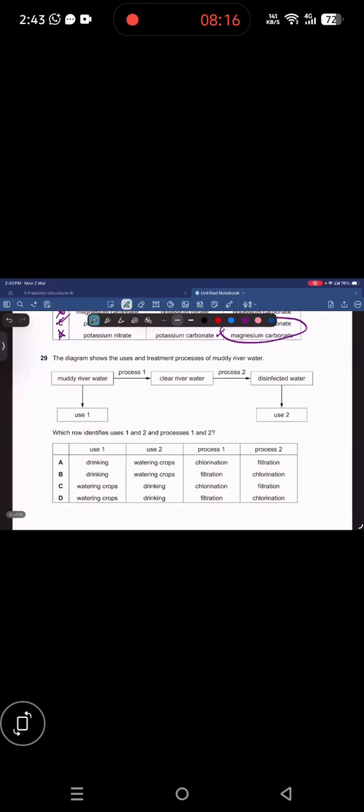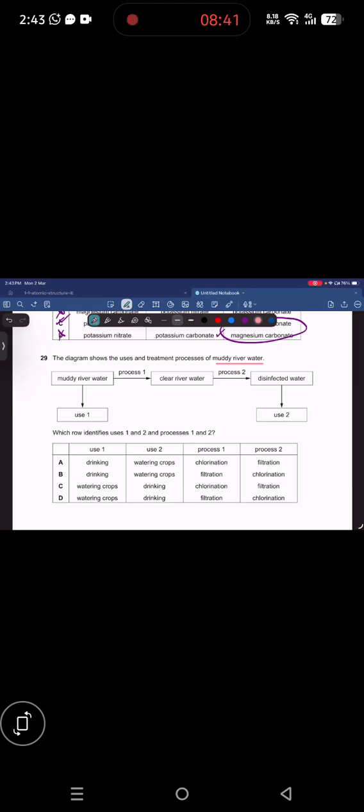The diagram shows the uses and the treatment processes of muddy river water. Process number one, cleaning river water. Process number two, disinfected water.